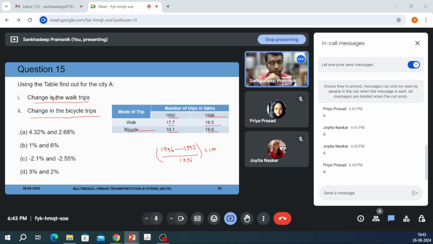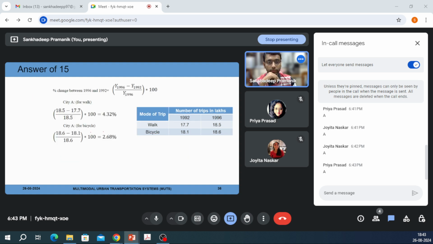Yes, option A will be the correct answer. So the 1996 value for work trip is 18.5, the 1992 value is 17.7, divided by the 1996 value 18.5, into 100, so it will come as 4.32, and similarly for bicycle it will come as 2.68.